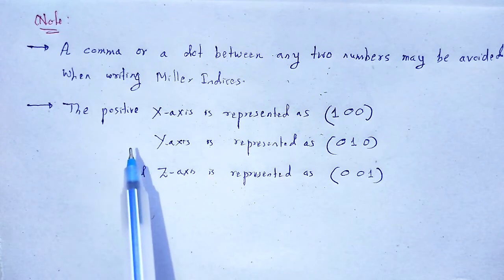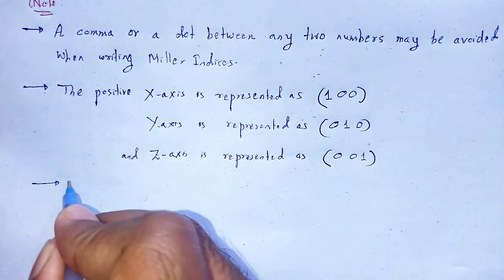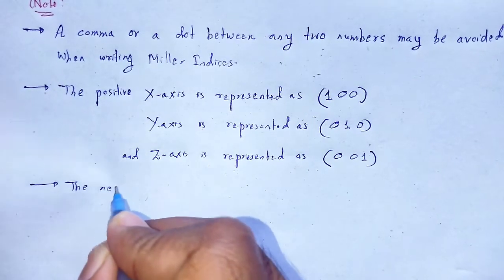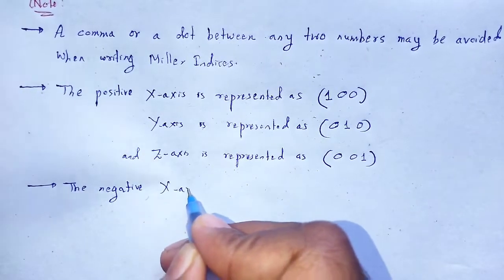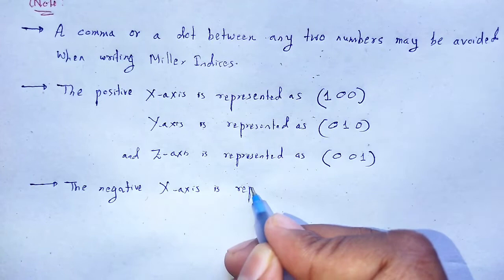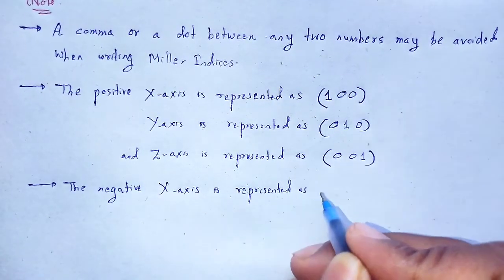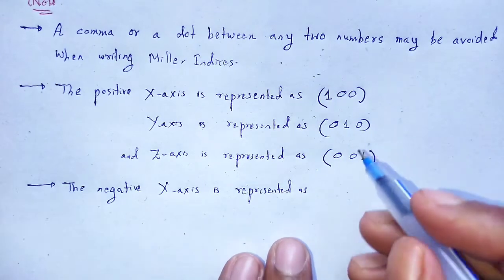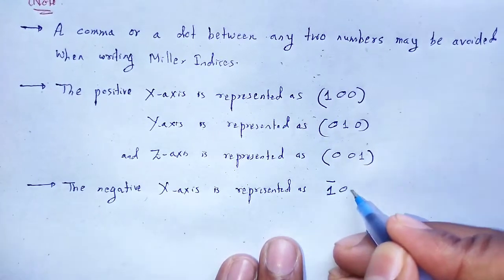Similarly, for the negative x axis, we just use a bar sign on that: 1 bar 0 0.